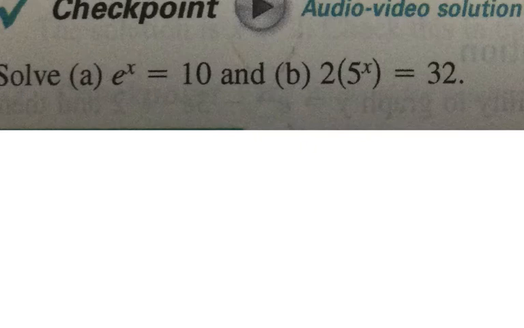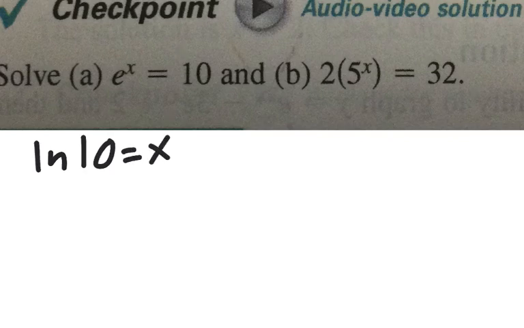All right, what did we get on A? Natural log of 10 equals x. And then B part, what did we do? 5 to the x equals 16. Or we should have divided both sides by 2 first.